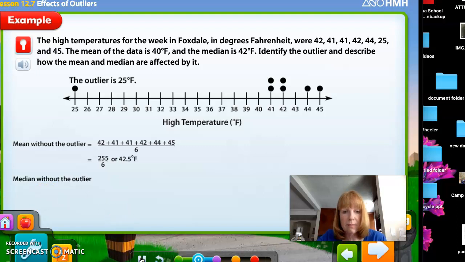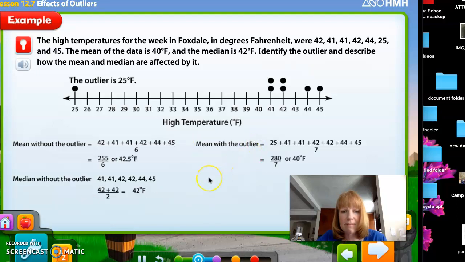Without the outlier, let's order the 6 data values from least to greatest. Since there is an even number of data values, the median is the mean of the 2 middle values. 42 plus 42 divided by 2 equals 42 degrees Fahrenheit. Now, let's find the mean with the outlier. The mean with the outlier is 40 degrees Fahrenheit.